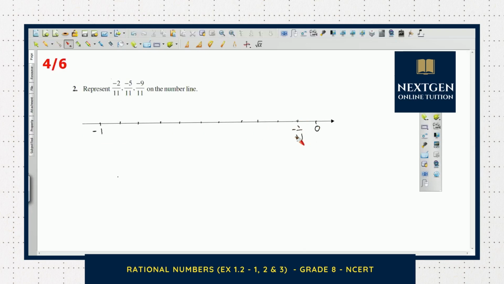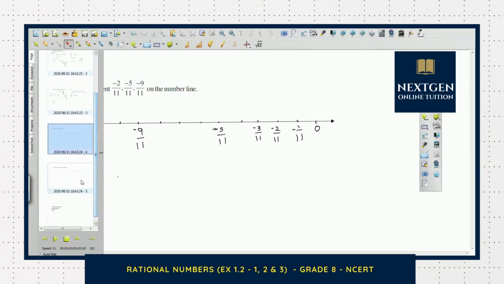Minus 1 by 11, minus 2 by 11, minus 3 by 11, and we need minus 5 by 11 only. So this is minus 5 by 11, 6, 7, 8, and this is minus 9 by 11. What are all the numbers mentioned in the question? You just mark them and show. That's all.